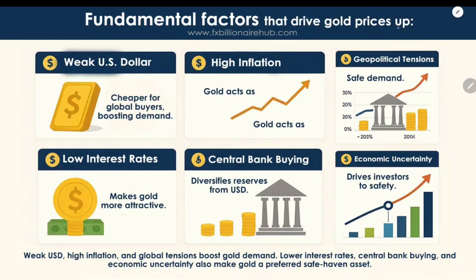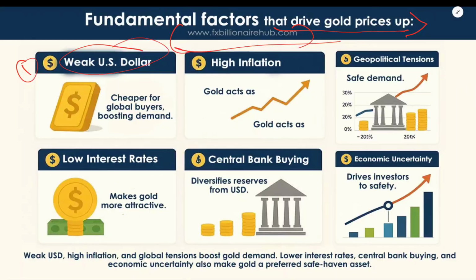So what is the reason behind that? Here is a visualization of that data. As you can see, there are fundamental factors that drive the gold price up. This is analysis from fxbillionarehub.com, and their number one reason is US dollar weakness. The US dollar is getting weaker day by day because of inflation.